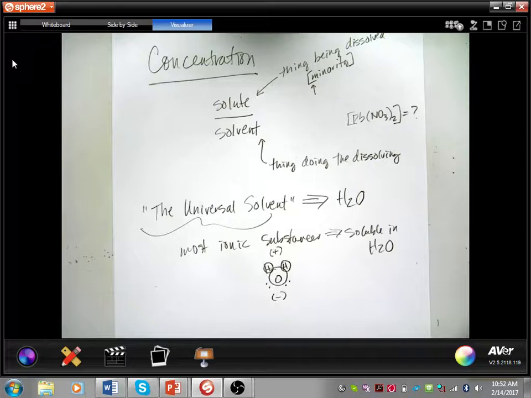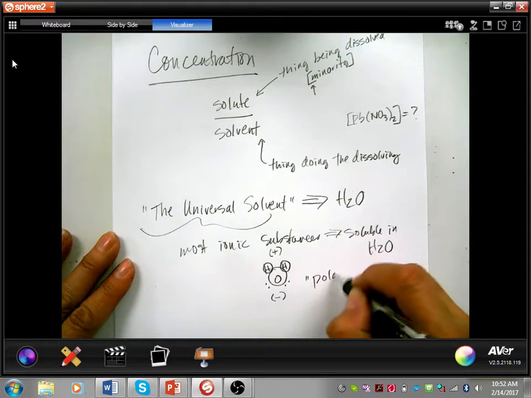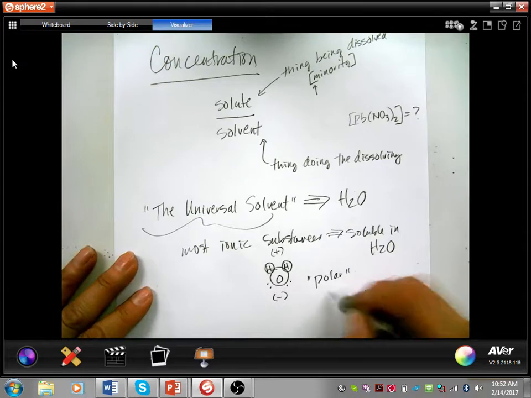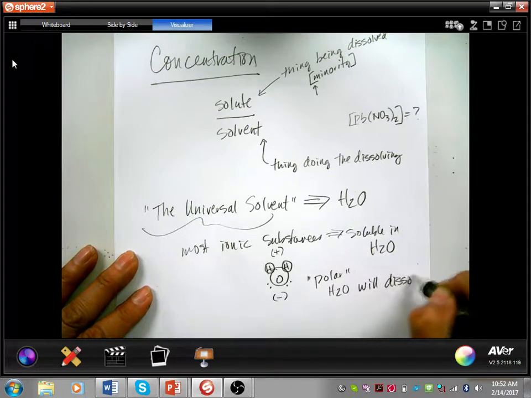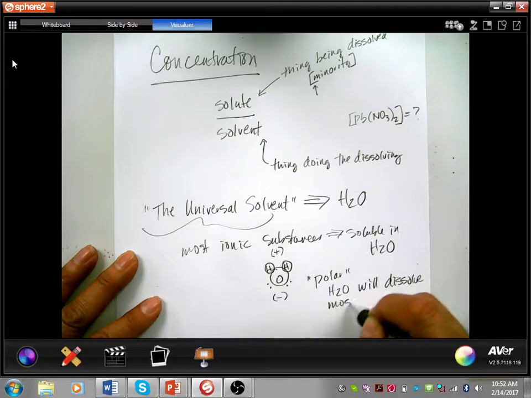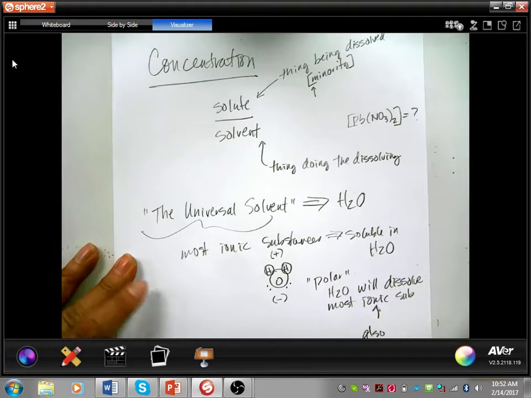So water molecules, because they are very polar, polar water will dissolve most ionic substances. That's because ionic substances are also polar, right?